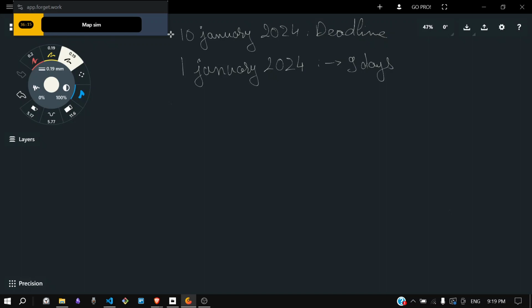So what are the steps? First, I need to map out my current simulation.